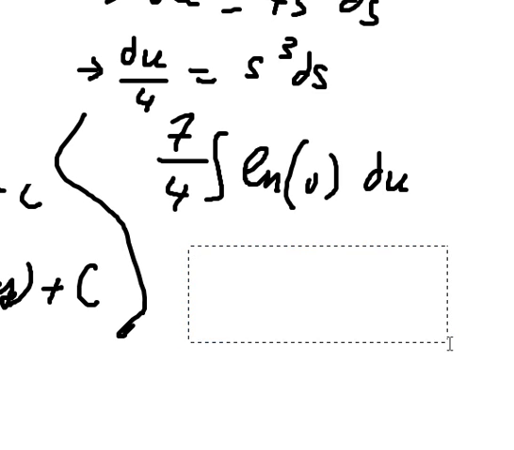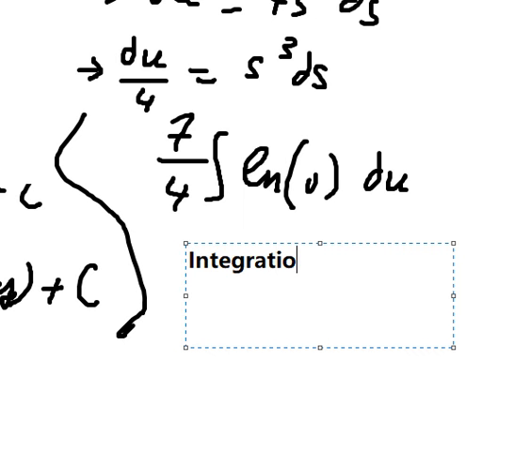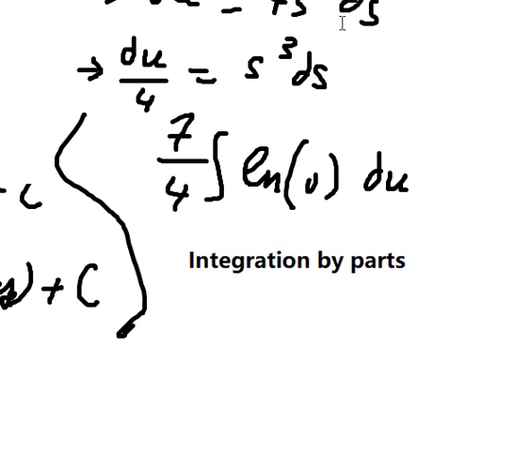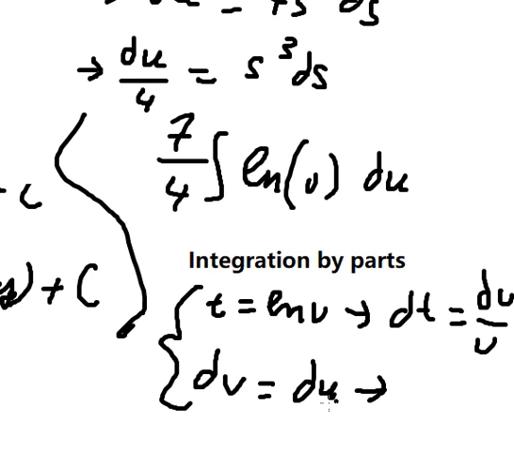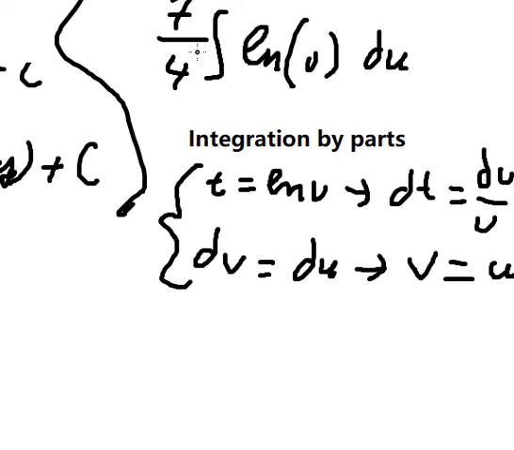Now we need to use integration by parts. So I need to put t equals to ln u. Later that we do first the derivative for both sides, and we have dt equals to 1 over u du. dv we have du. The integration of this one, we have v equals to u. So because we still have 7 over 4, we keep 7 over 4 in here.